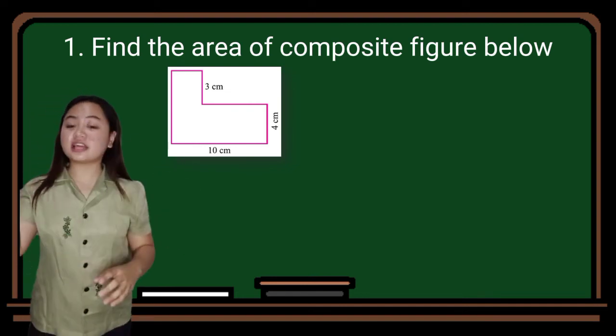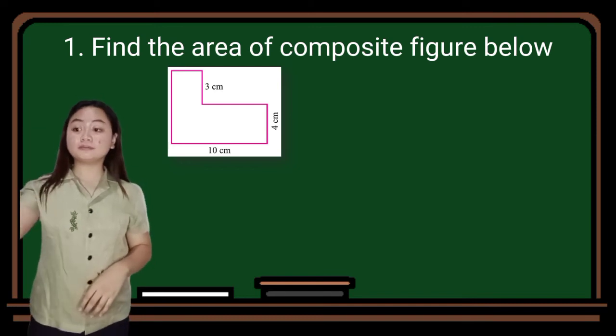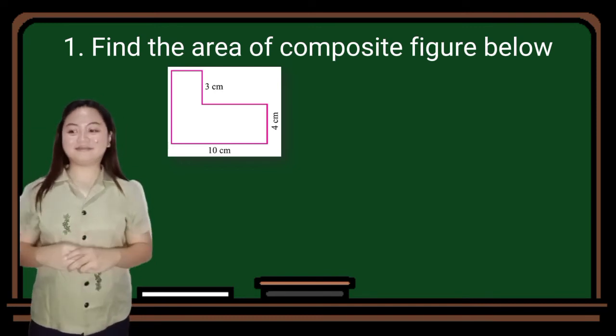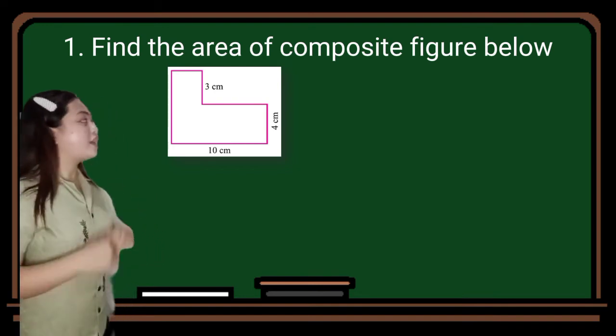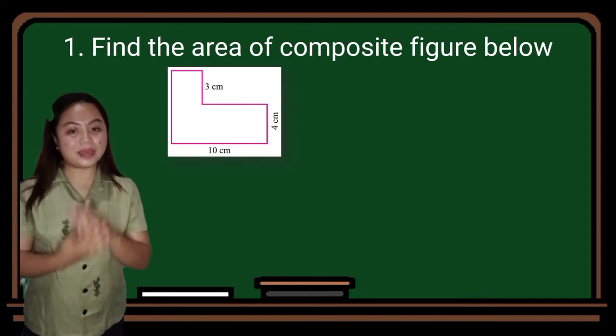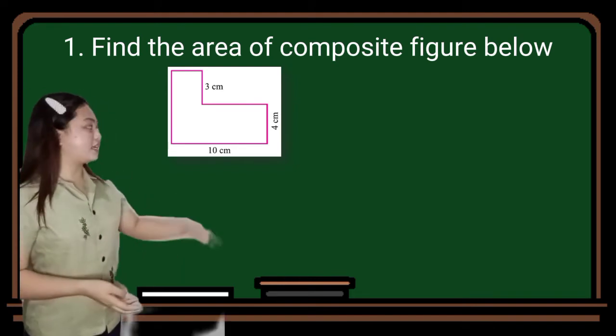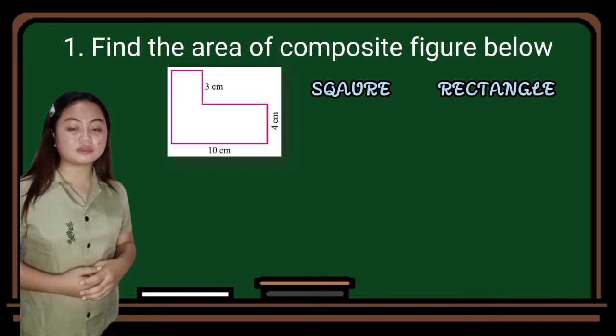And we can also separate this into two rectangles. So now we have basic shapes. These are a square and a rectangle.